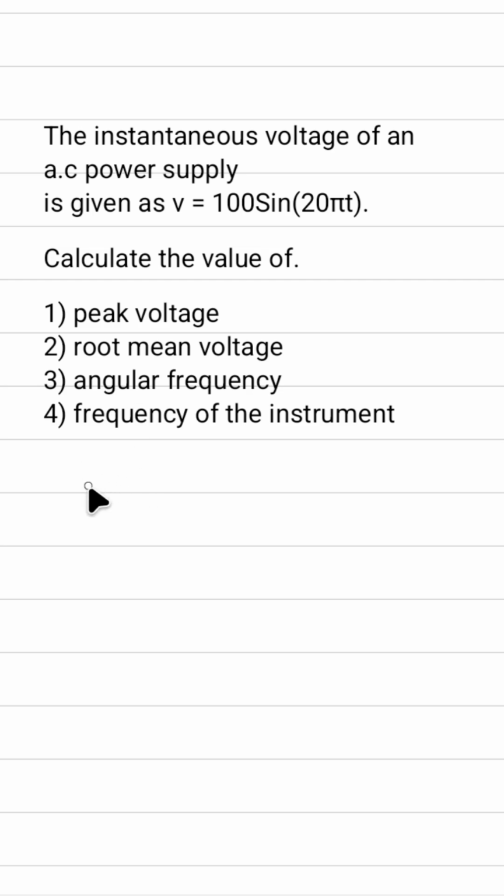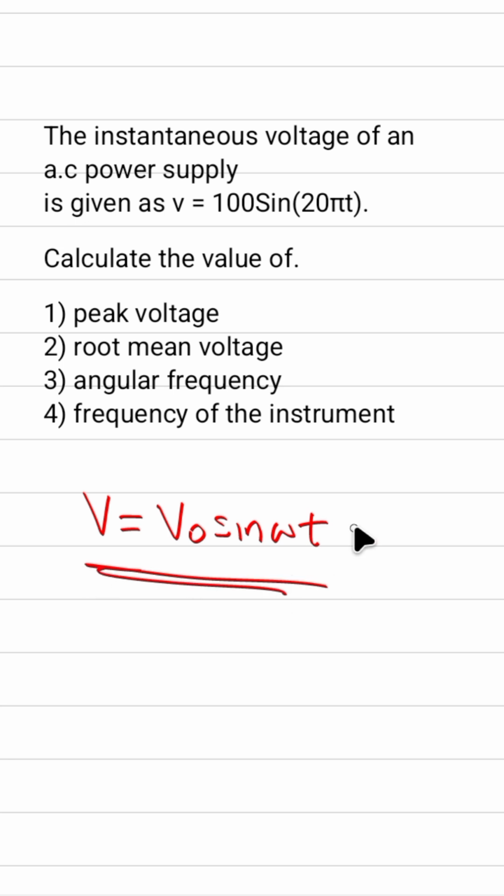Just remember that the instantaneous voltage of an AC power source is always given as V equals V naught sine omega t. This is the usual representation, the general form. Then what were we given? It gives us this one. So all you have to do is just compare the two of them.